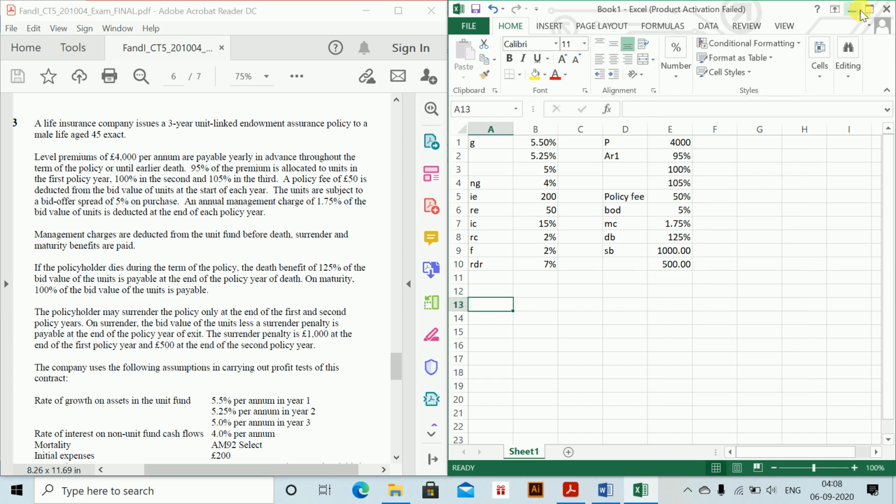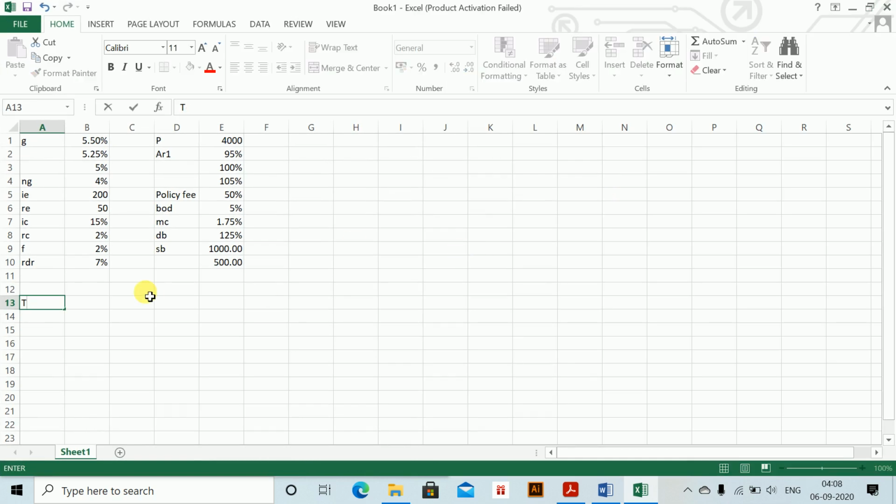Now we'll just make the unit fund table as fast as we can. For the unit fund table we need year, then we have our premium, then we have our cost of allocation minus policy fee, fund at start of year, fund at end of year before management charges, fund management charges, and fund at end of year after management charges.